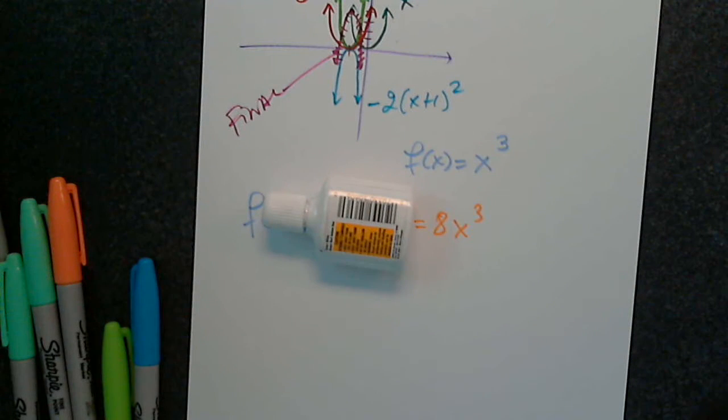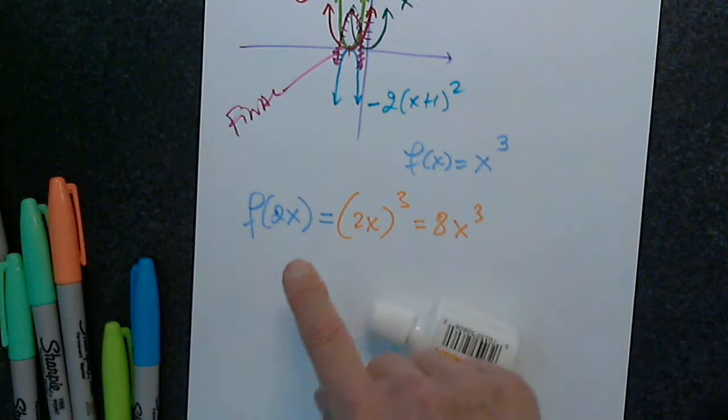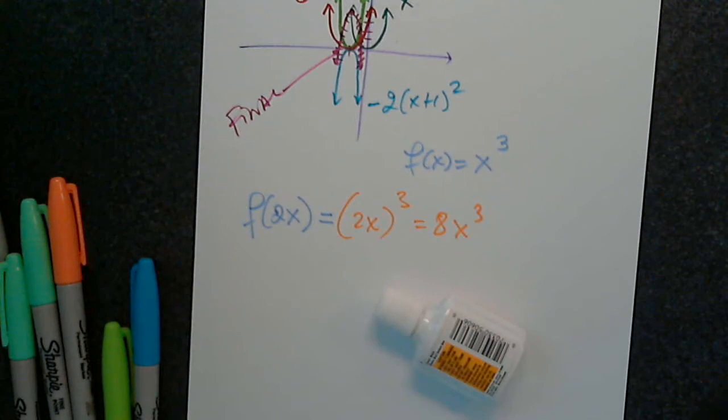Now think for a moment. I doubled x. You would have expected this to happen, right? I doubled x, from x equals 1 to 2, from x equals 2 to 4, from x equals 5 to 10. But actually, what happens is completely the opposite.